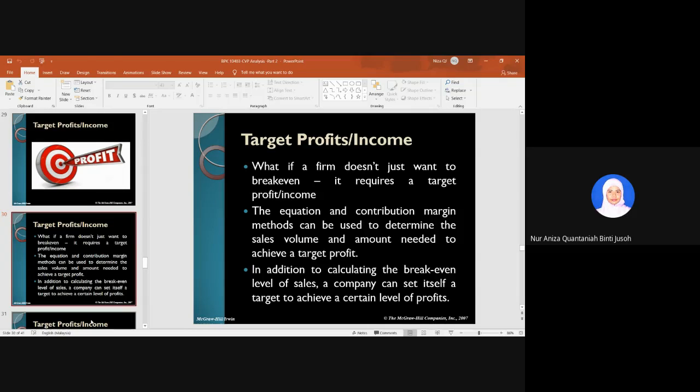What if a firm doesn't just want to break even, but requires a target profit or income? The firm has a targeted amount of profit, so you want to calculate what the amount in sales dollars and the amount in sales quantity would be.